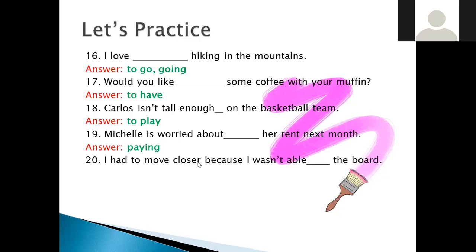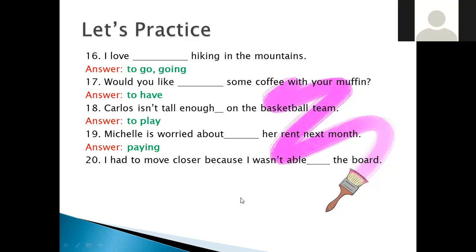All right. Number 20. I had to move closer because I wasn't able to see, right? I wasn't able to see.